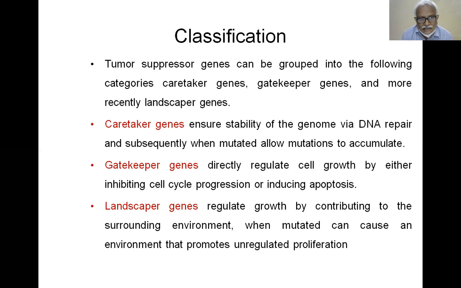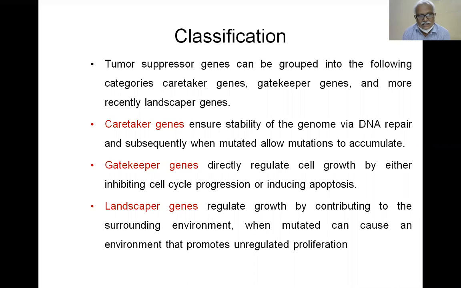Caretaker gene, as the name implies, ensures stability of the genome via DNA repair, and subsequently when mutated, allows mutations to accumulate. So when the caretaker genes are mutated, then only the mutations will be allowed, and these mutations will be accumulated.